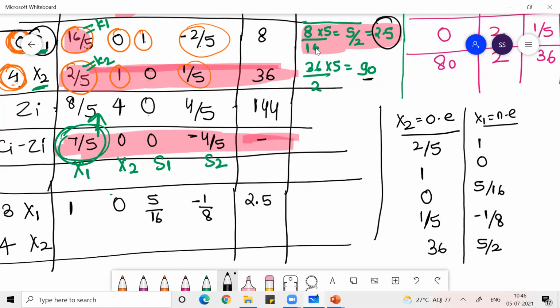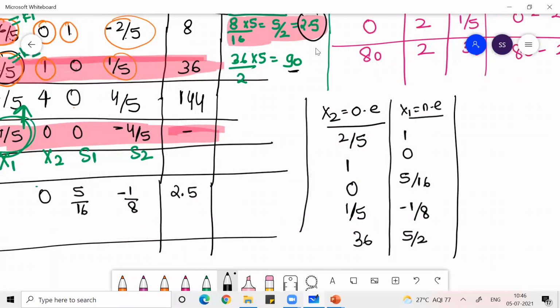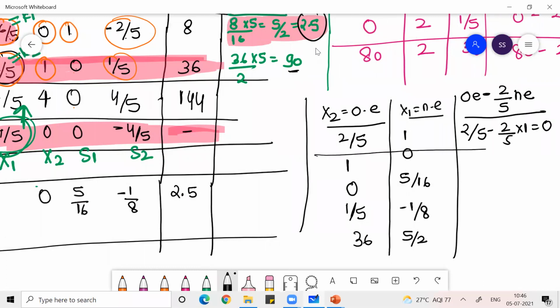Okay, and for x2, what is the constant? For x2, the constant is 2 by 5. So you can just use the formula: old element minus 2 by 5 into new element. So 2 by 5 minus 2 by 5 into 1, you'll get 0. Then 1 minus 0 into 2 by 5, you will get 1.